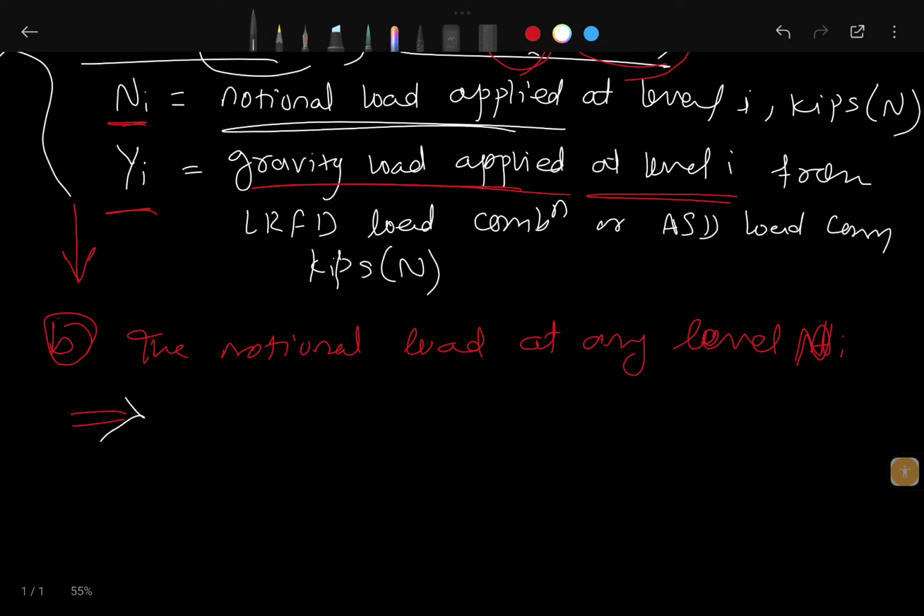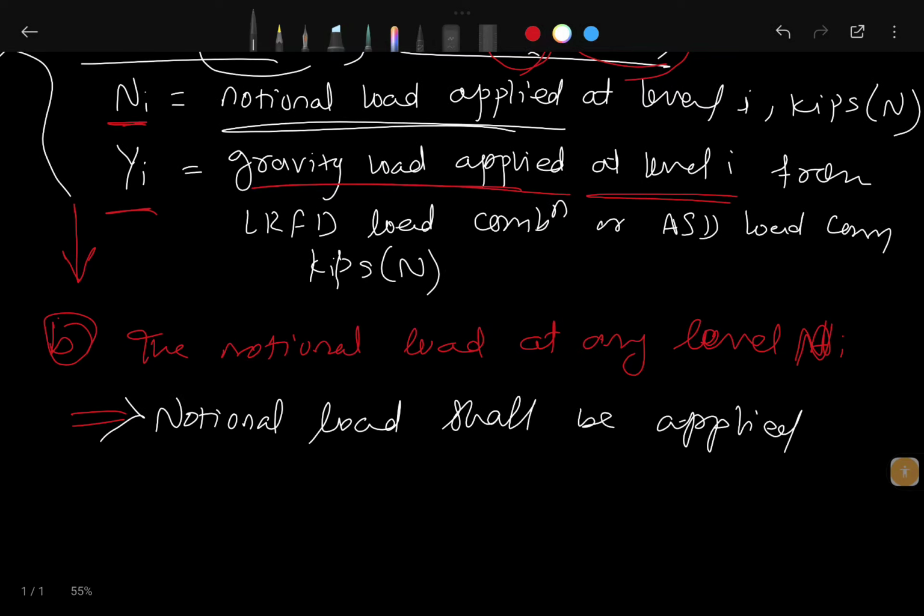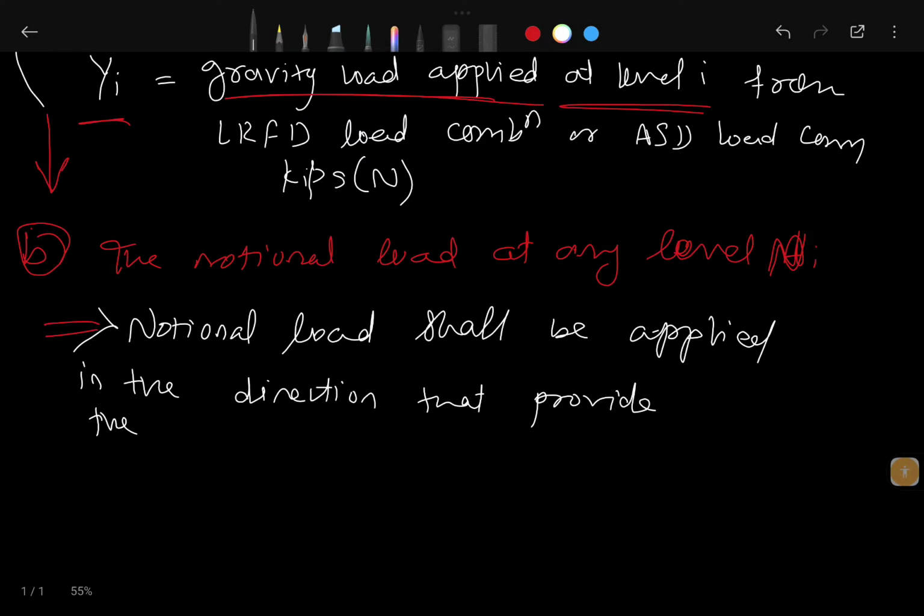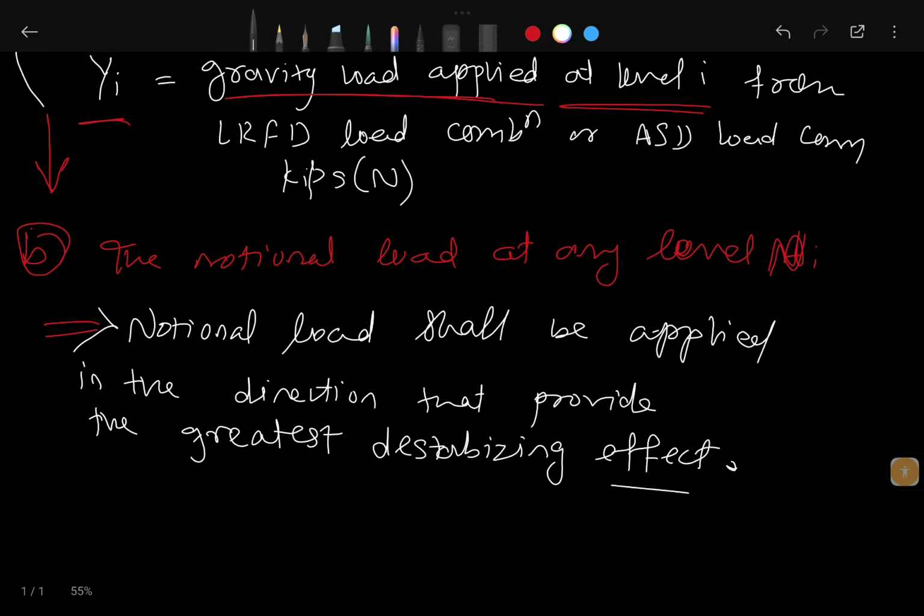Keep in mind, this notional load shall be applied in the direction that provides the greatest destabilizing effect.